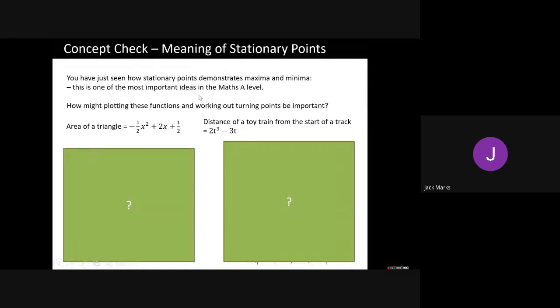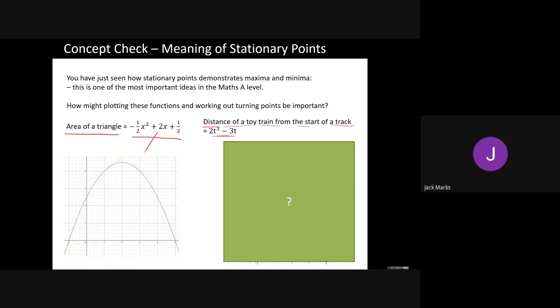So why is this important? Well, this slide we've just added in to talk about why this is important a little bit more. If you were plotting these things, so imagine if you had an equation and it said the area of a triangle is given by this equation, or the distance that a toy is from the start of a track is given in this one here. This is like a mechanics question. If you draw this, you'll get a picture like this.